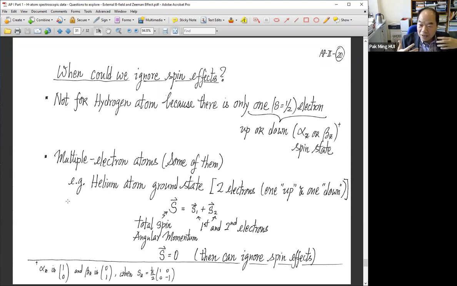In such cases, the spin may be cancelled. Therefore, we are legitimate to ignore the spin effect, and therefore this normal Zeeman effect comes out for observation. But other than that, if we have hydrogen, we only have a single electron, we had better be careful about the spin effect. We shouldn't ignore it.